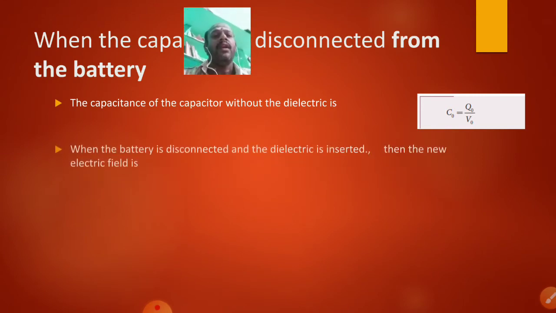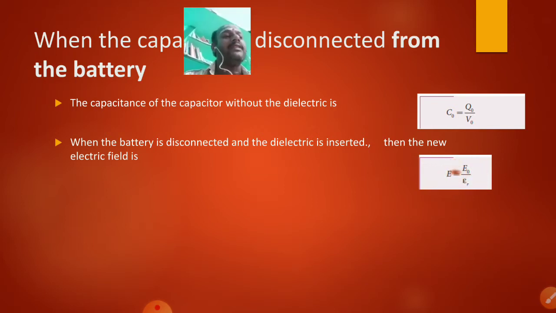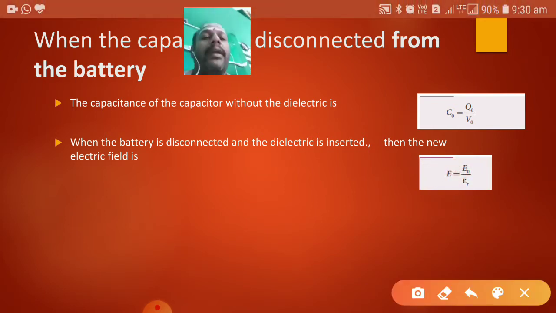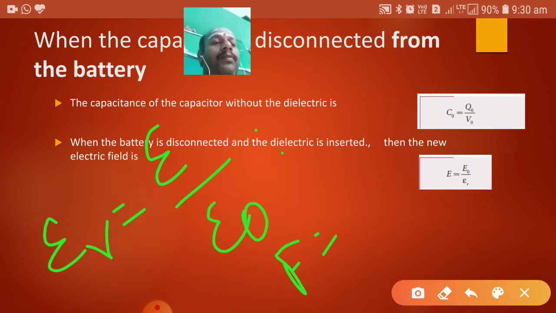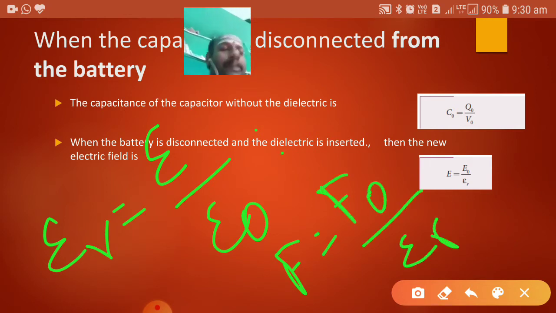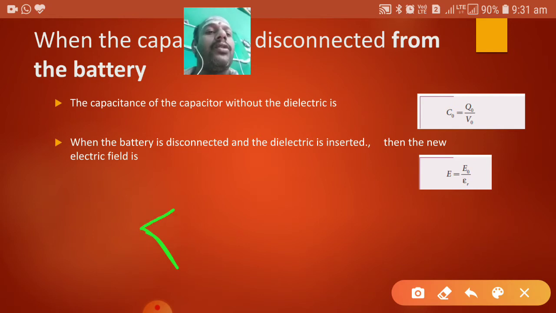When the battery is disconnected, the new electric field will be E is equal to E naught by epsilon R. Why? Because we know that epsilon R is equal to epsilon divided by epsilon naught. So E will be equal to E naught divided by epsilon R. From this I come to know E is less than E naught.